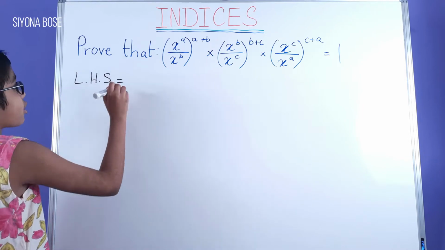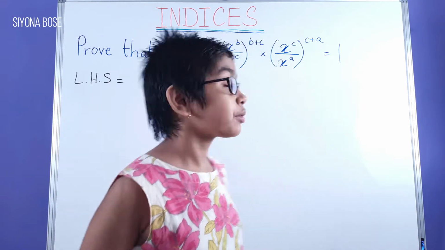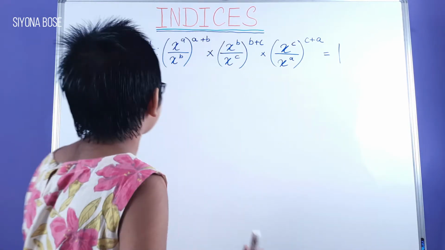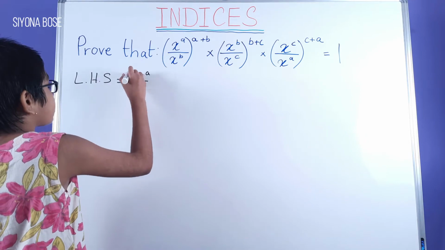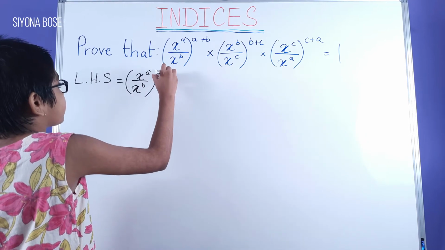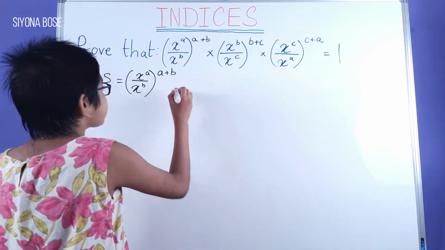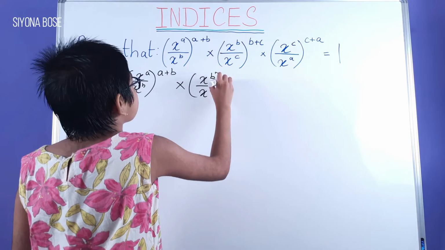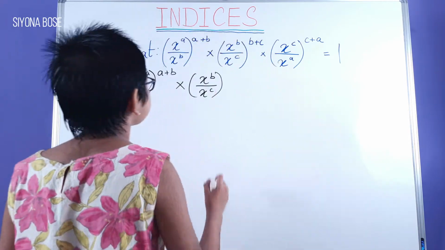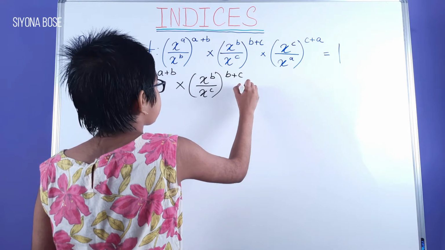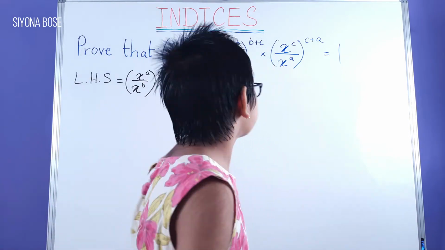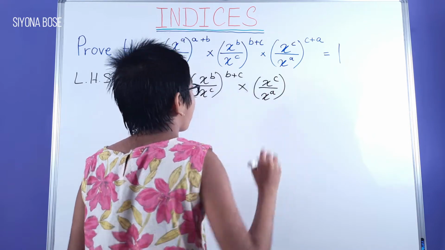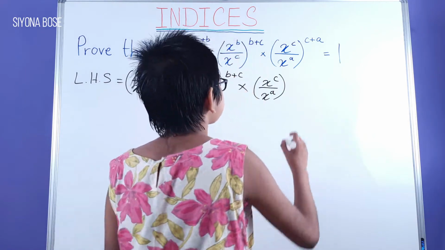LHS is equal to, now we have to copy this down, (x^a / x^b)^(a+b) into (x^b / x^c)^(b+c) into (x^c / x^a)^(c+a).